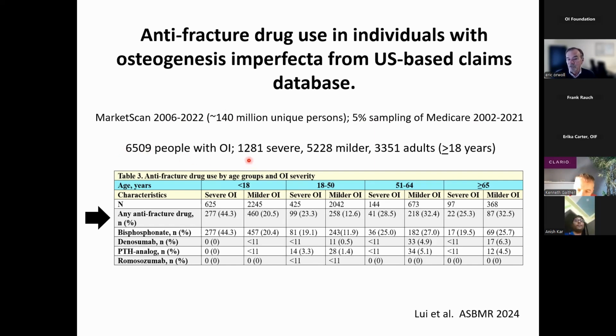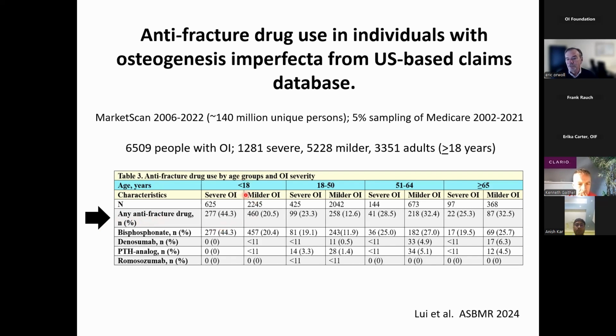1,200 of them, almost 1,300 of them, we classified as having severe OI. They were people that used wheelchairs. About 5,200 had milder forms of OI, and 3,300 were adults over the age of 18 years. What I want to highlight in this table is the proportion of those people who had had any anti-fracture drug therapy during the course of follow-up.